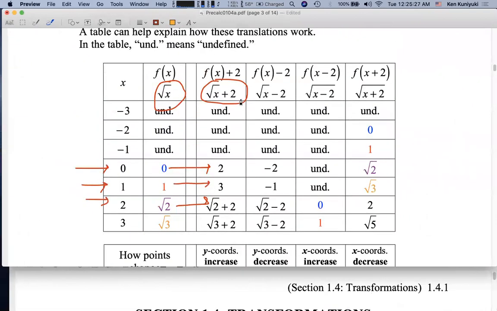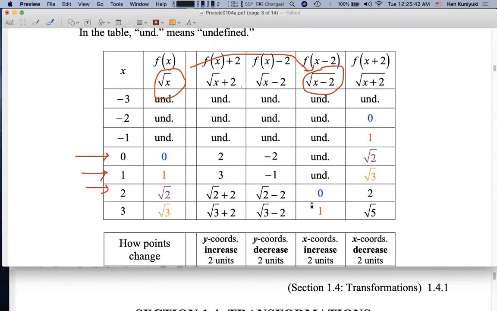Now what happens if we go from y equals root x to y equals the square root of the radicand x minus 2? Now notice that y equals 0 when x equals 2 over here on the new graph, but y equals 0 when x equals 0 on the old graph.